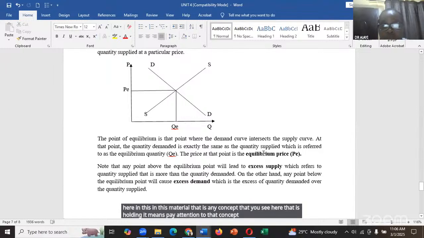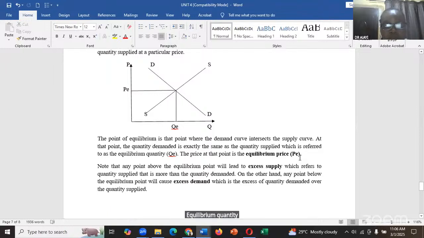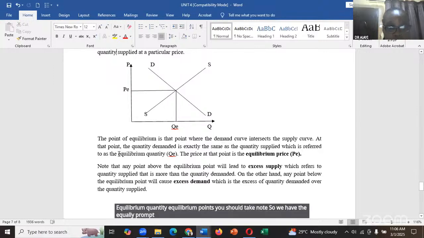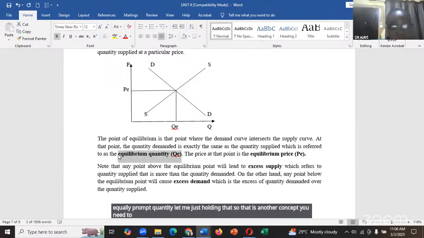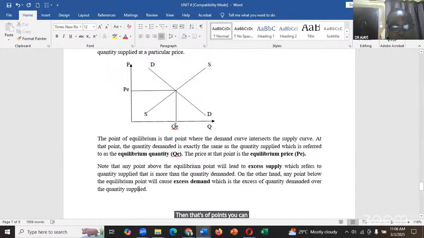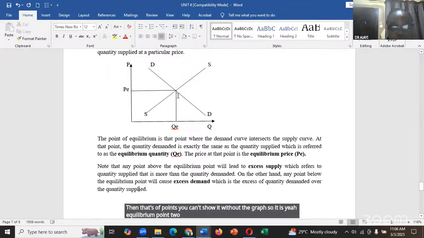So the concept of equilibrium price, equilibrium quantity, equilibrium point, you should take note. So we have equilibrium quantity. That is another concept you need to take note of. Then that of points, you can't show it without the graph. So it is here, equilibrium point, you will show it.